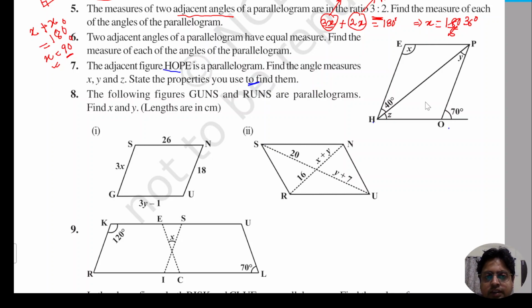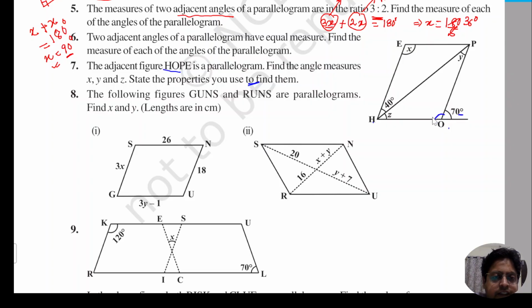So this is a parallelogram and you have to find measures of angle X, Y, and Z, and also state which property you are using to find those angles. So here you get exterior angle, that is 70 degree. Since it is a straight line at O, there two angle will be formed whose sum is going to be 180.